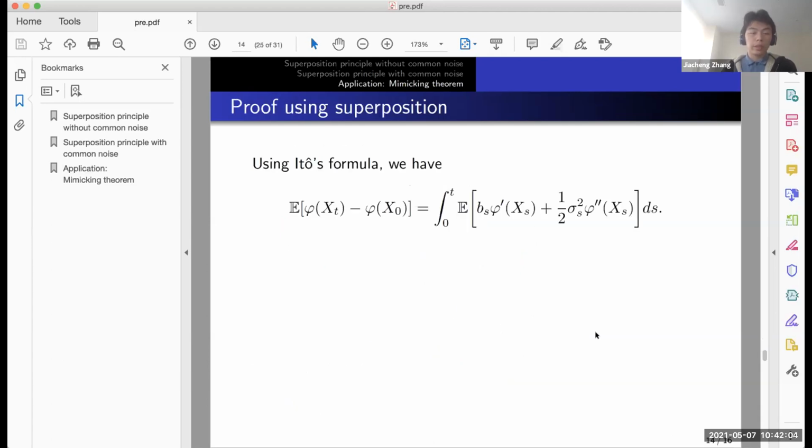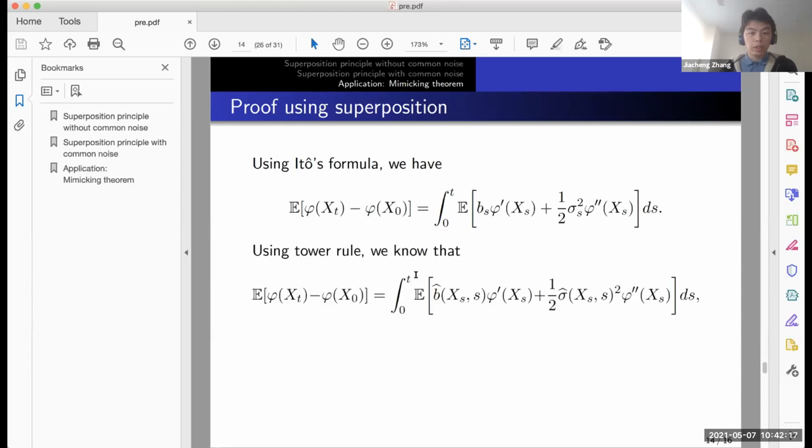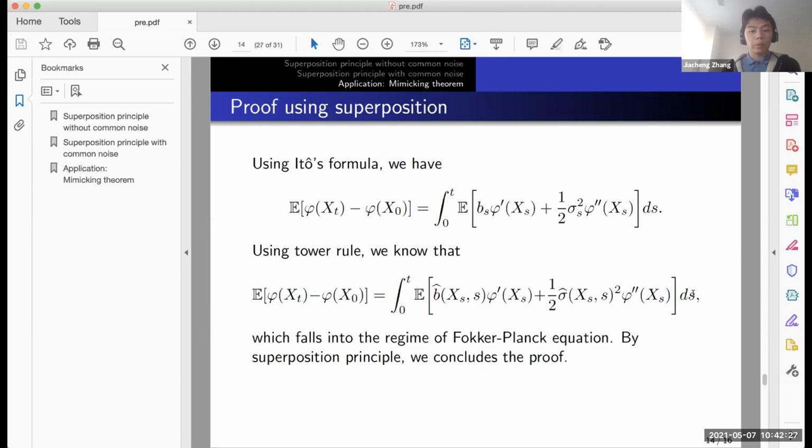The reason is that by Ito's formula, we can just write out the evolution equation for the density for this X_t here. And this is just by Ito's formula, and then using the tower rule, we can replace this b_s by the conditional expectation of b_s. And this equation actually falls into the Fokker-Planck equation.